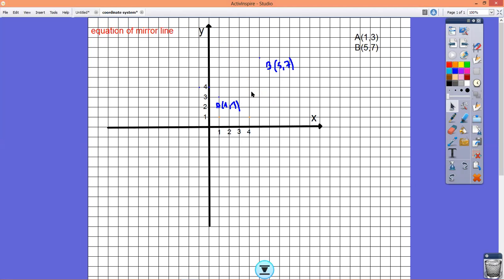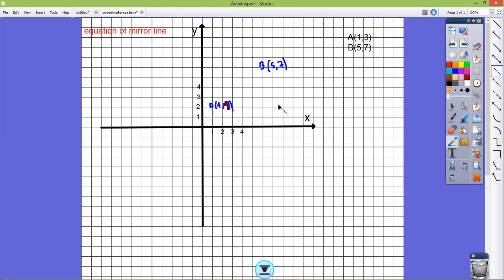For finding this one, first we are going to join the points. A point and B point, we are joining them. Now after this, we should draw the perpendicular bisector of this line.